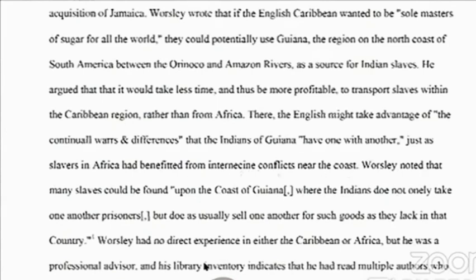Worsley noted that many slaves could be found upon the coast of Guyana, many slaves who ended up going to Jamaica, who today are called so-called Negroes and are considered to be descendants of African slaves. But in actuality, many of these so-called Jamaicans come from an ancestry that came from Guyana, from Caribes.